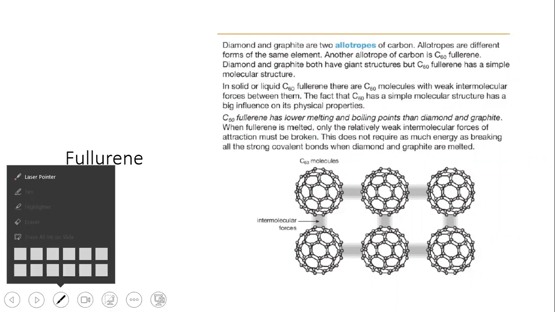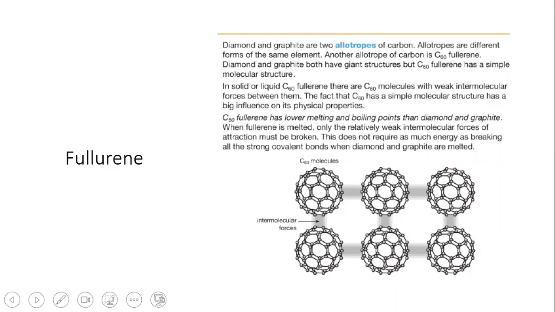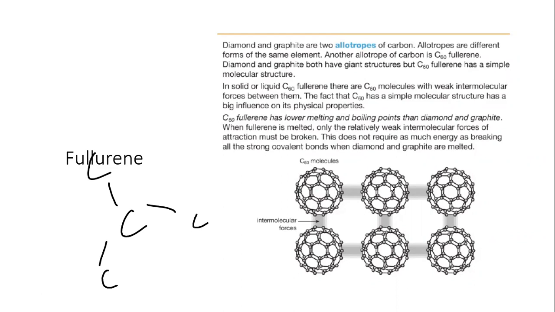Now, this is my question to you. When you talk about fluorine, the structure is C60, and every carbon binds to three carbons, just like in graphite, where every carbon binds to three other carbons, right? The same is true here. You can see it has a hexagonal ring structure, just like graphite.